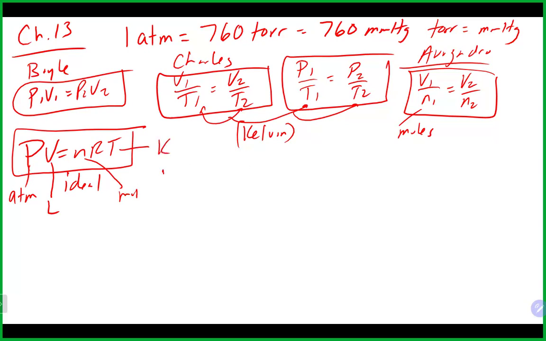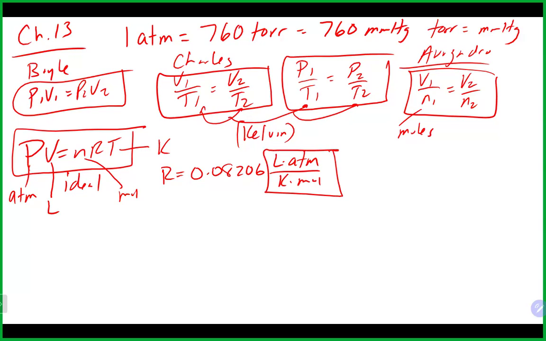For that reason, the gas constant R is 0.08206 liters times atmosphere over Kelvin times mole. These are the units associated with the gas constant, and that's why everything else in the equation needs to be in those units, so everything cancels out correctly.